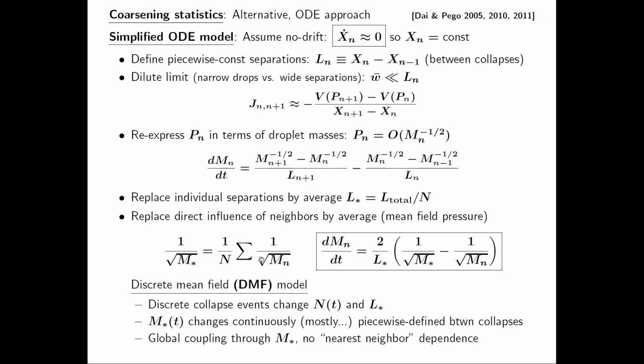Let me take the average of all of the 1 over square root of m's of all of the droplets, and that's going to be how I treat the neighbors' influence on the evolution of each drop. So this is now something that's decoupled from the neighbors, but effectively is non-local because I need to take stock of everyone's average, but this will tell me how each droplet will evolve by itself.